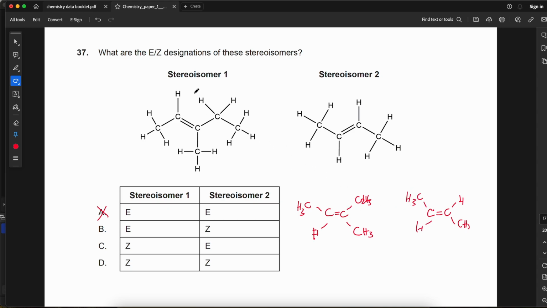So C2H5 is here, and then CH3 this one, and then H this one, and then CH3 this one. So you can see the opposite for CH3 and the opposite of CH3 as well. That's why it's E or trans.